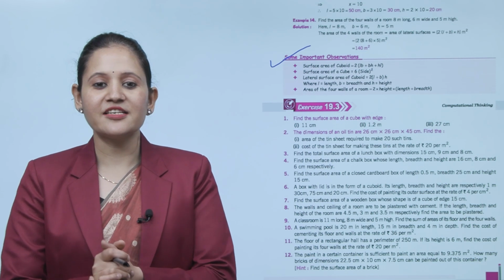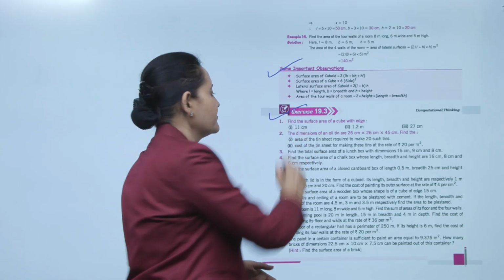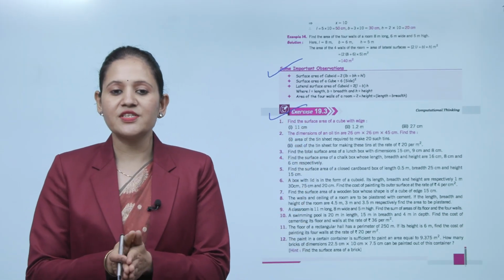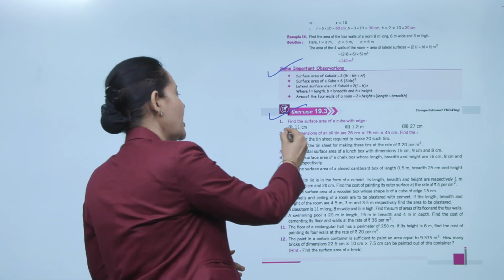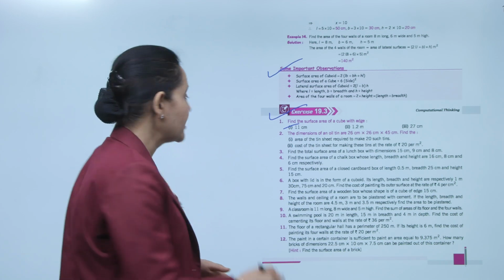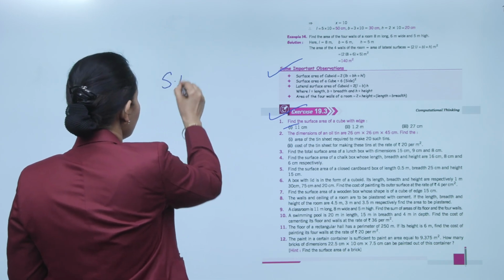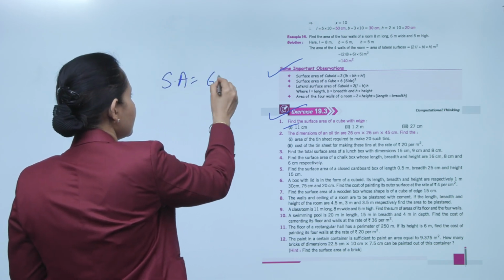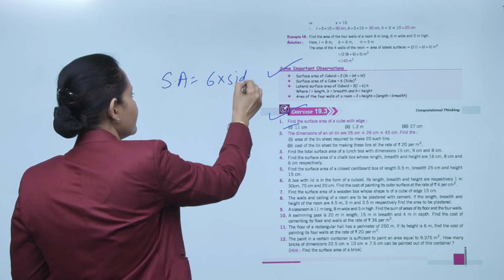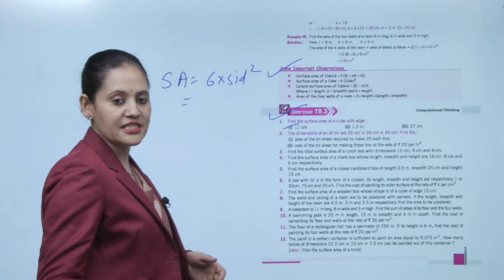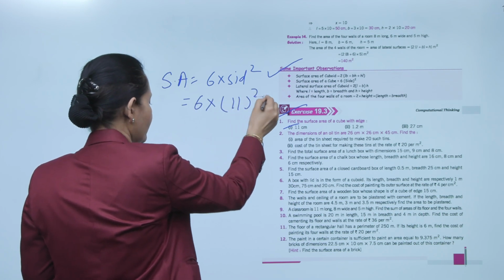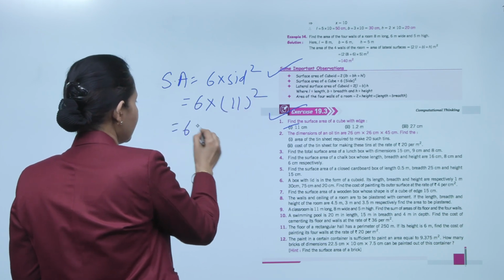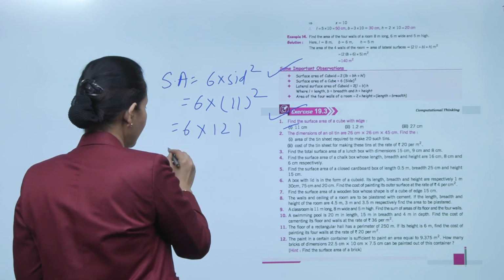Next is exercise 19.3. Find the surface area of a cube with edge, first is 11 centimeter. So the edge is given as 11 centimeter. Surface area of cube is equal to 6 into side square, that is 6 into 11 square, that is equal to 6 into 121.